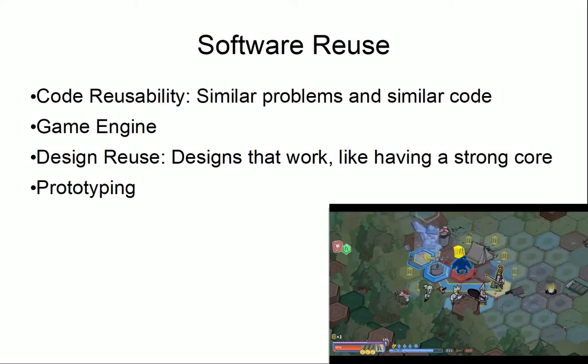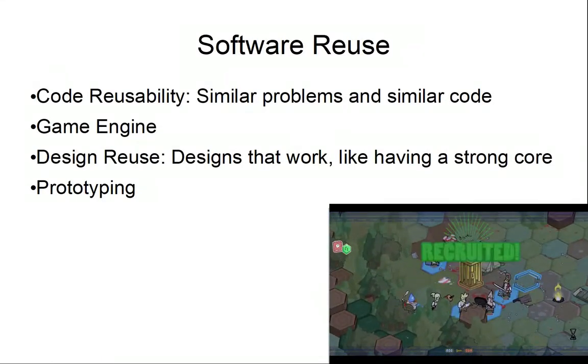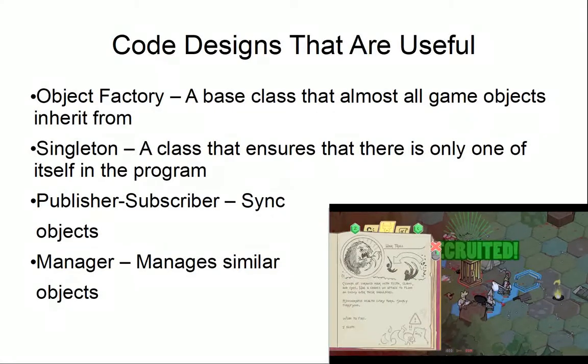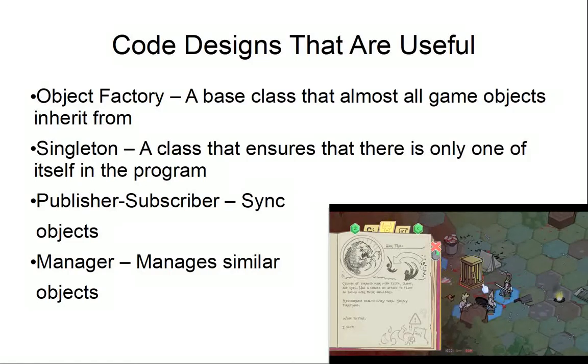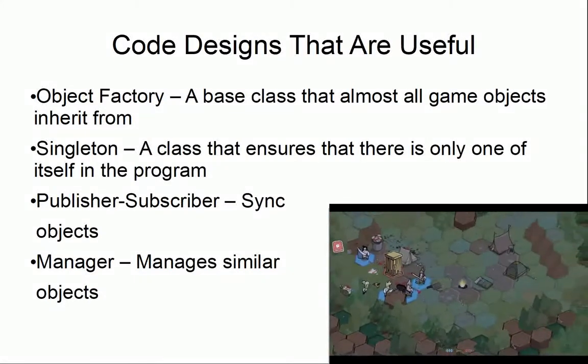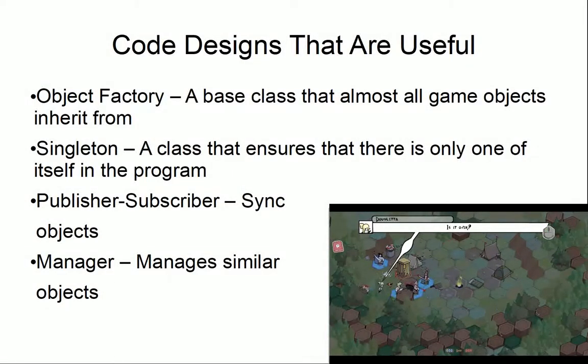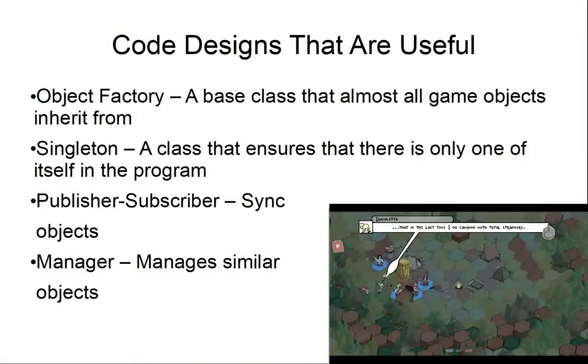An example of a design that can be reused over and over again is an object factory. This is a type of programming design, not game design. A simple class that will be inherited by many, if not most, of the objects in the game world. It would have a simple constructor and some member data or functions that almost all of your objects will need to have.